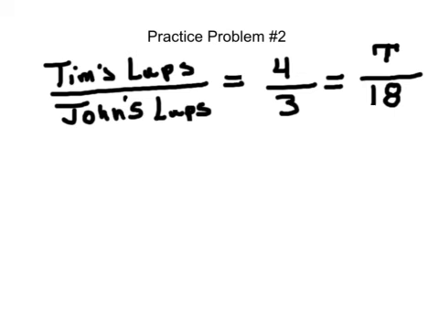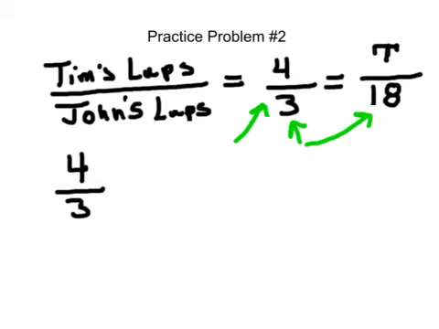Once again, let's try and find an equivalent fraction, the same ratio as this one, but we want to make this number, the denominator, into 18 instead of 3. Then the question becomes, what do you have to multiply 3 by in order to make it turn out to be 18?